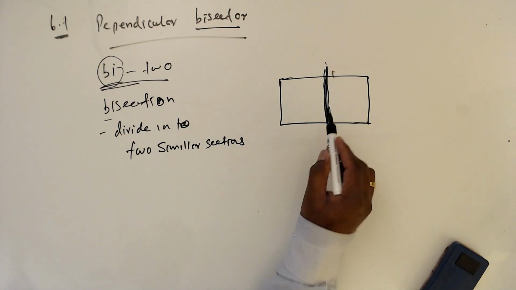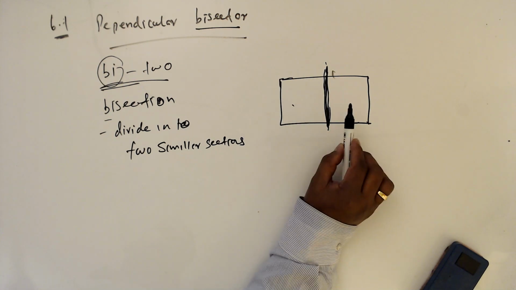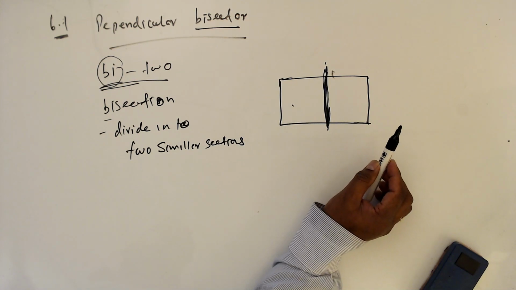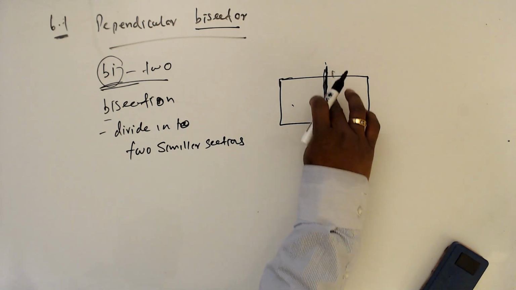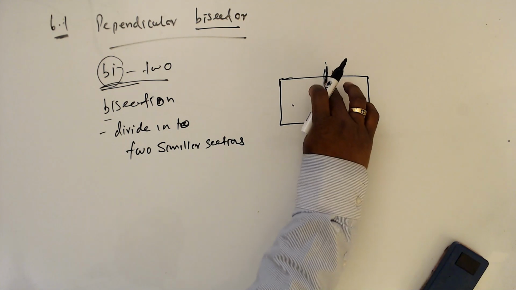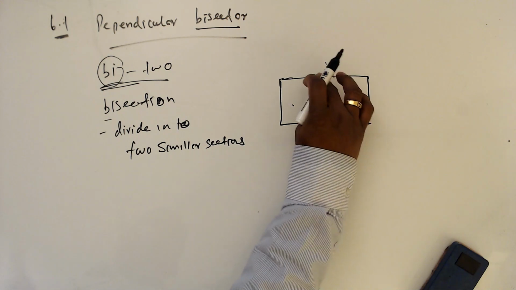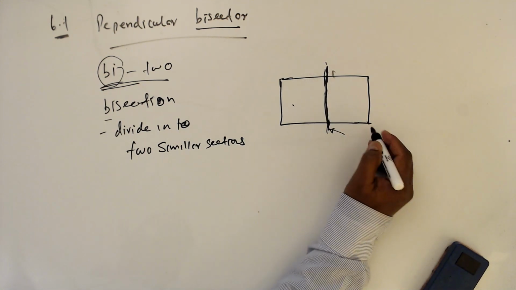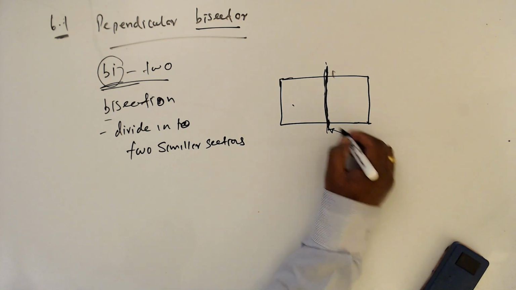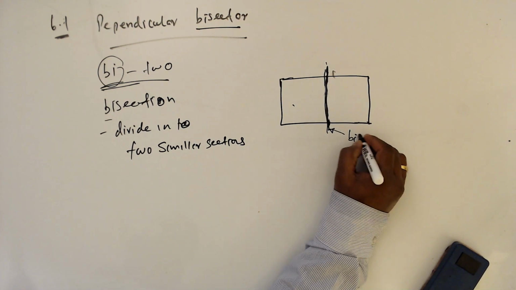From this line, this area and this area are similar. So this is a bisection. The line I use to divide this A4 paper, the line is called a bisector.